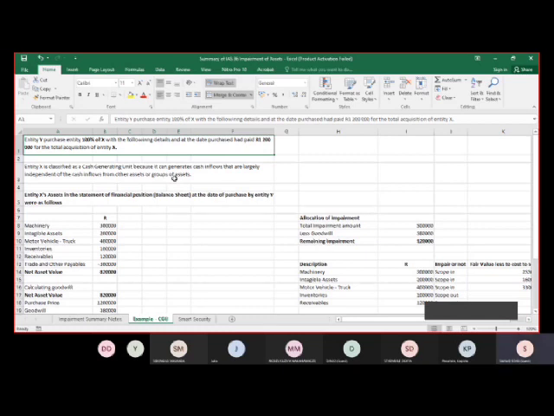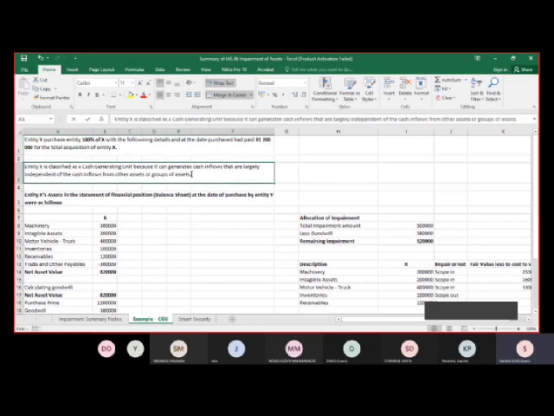So what I'm saying here is that entity Y purchased 100% of entity X with the following details, and at the date of purchase had paid 1.2 million for the total acquisition of entity X. So entity X is classified as a cash generating unit because it can generate cash inflows that are largely independent of the cash inflows from other assets.